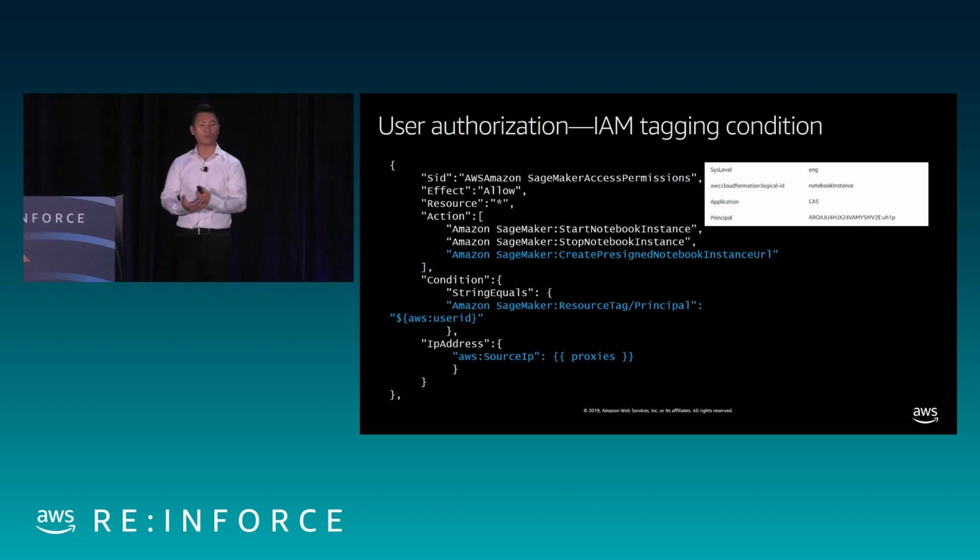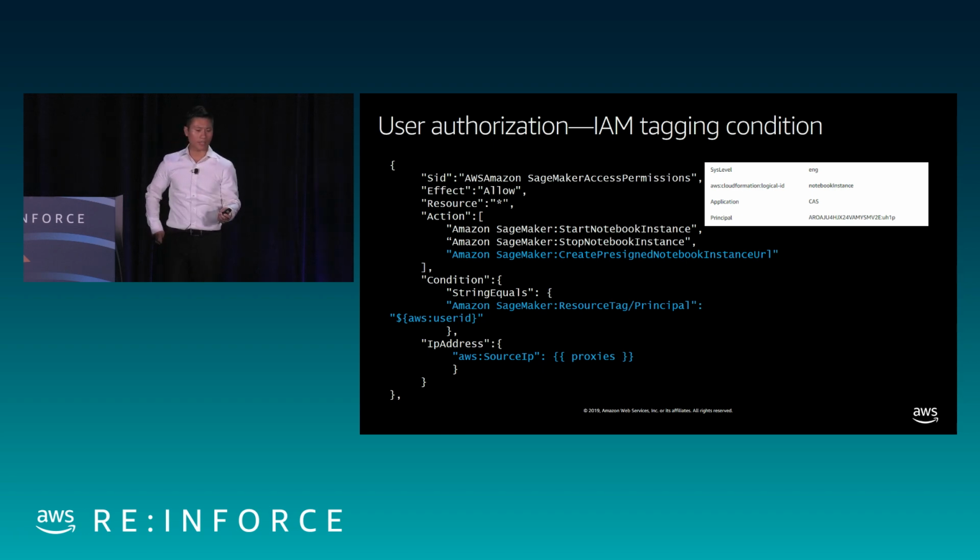From the Vanguard requirement perspective, we have an auditability requirement that we have to track the user ID, the user actions, and the S3 object. So to solve the problem, what we did is we created single tenant SageMaker notebook servers. There are two reasons for that.